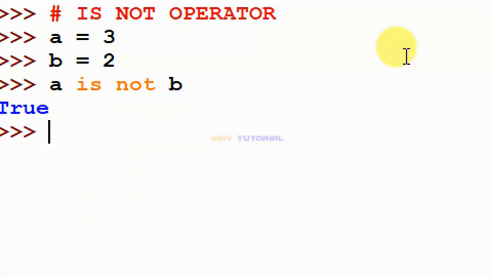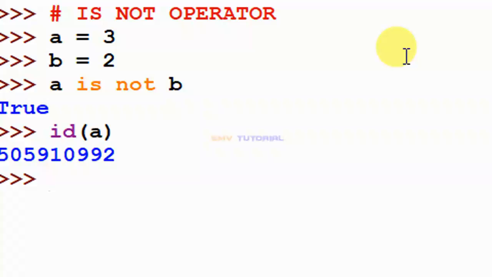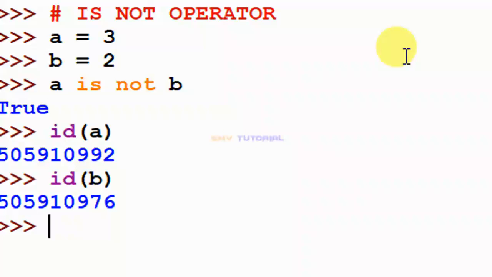Because these two IDs vary, so the condition is true. I check these IDs: ID of A and next ID of B. The IDs vary, so this condition is true.